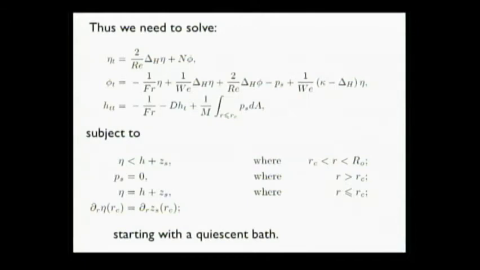We also know that we have this restriction, so the free surface can never be above the sphere. So that's what I meant by saying that we impose natural kinematic and geometric constraints. And we also impose tangency at the boundary of the contact area. We also start from a quiescent path.